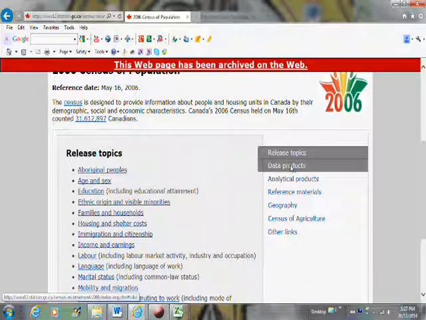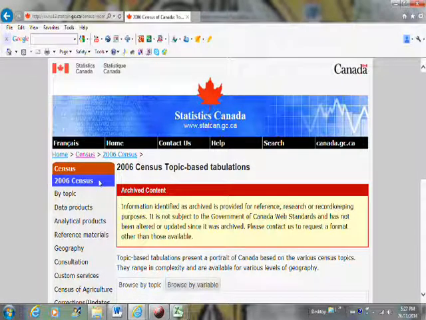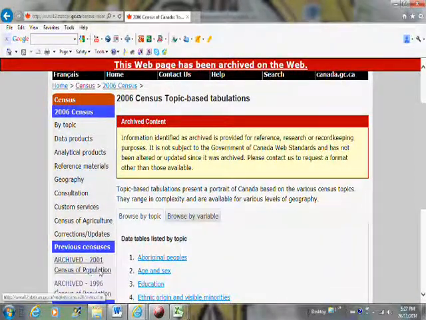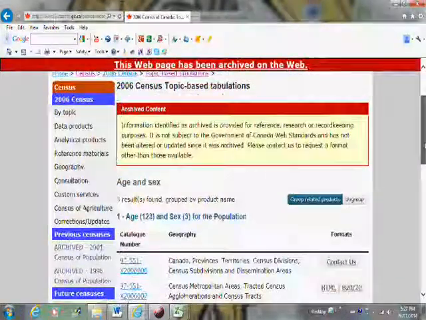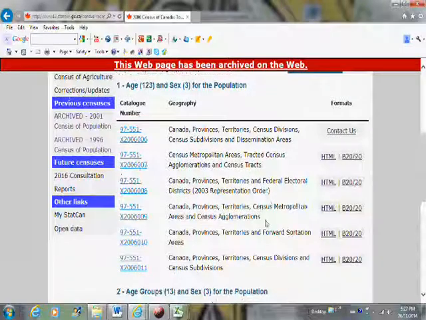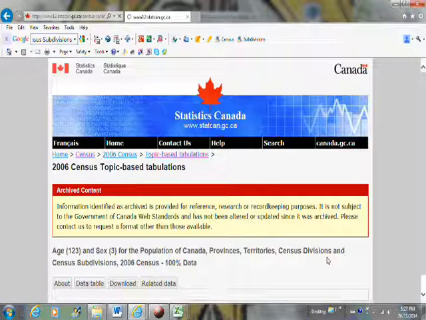Eventually, you're going to have to go back to the data products and to the topic-based tabulations as in the other years. So I'm just doing that the same, keep it the same. Now go to age, sex, so it does get us there where we want to be. And again, we're going to go for the census subdivision right to the small town areas, but again, we're just going to grab Canada.